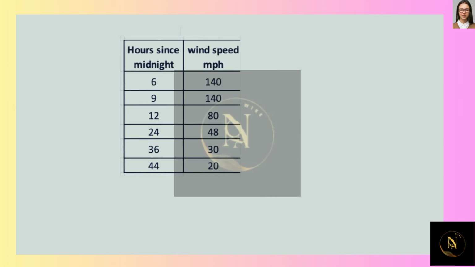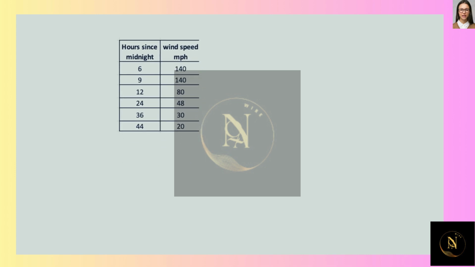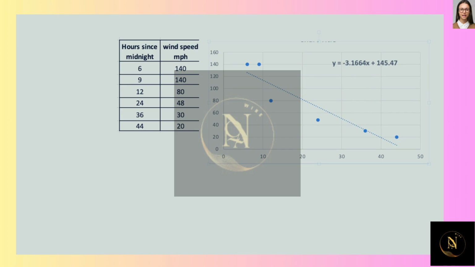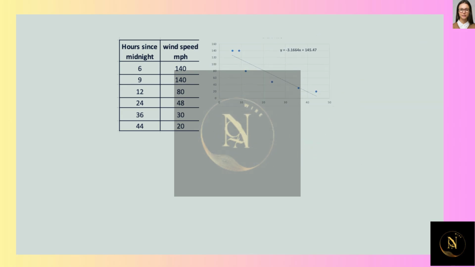So here is my hours since midnight and my wind speeds. And then it says, look at the two. So then it wants you to do an exponential model and a linear model. So I did both of those with their equations, where I took the points, and you'll notice for both models, the points are in the same location.